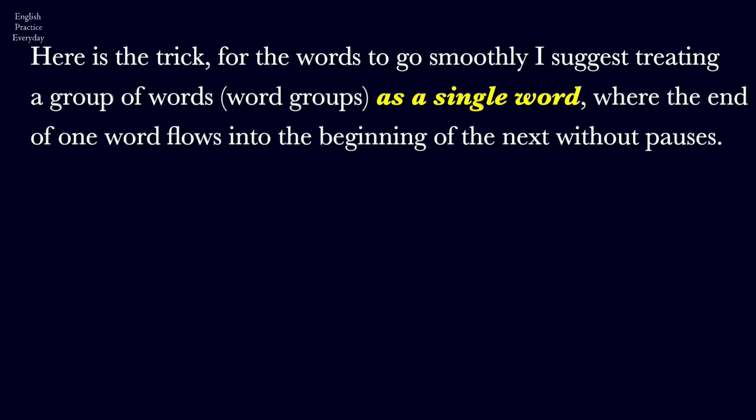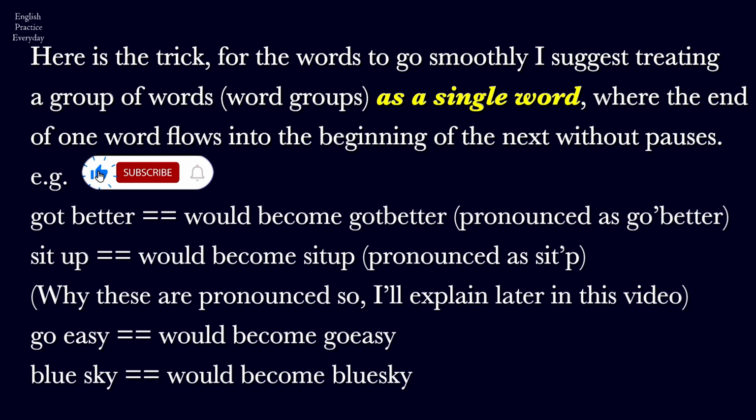Here is the trick. For the words to go smoothly, I suggest treating a group of words, that is, word groups, as a single word, where the end of one word flows into the beginning of the next without pauses. For example, "got better" would become "gotbetter" and is pronounced as one word.